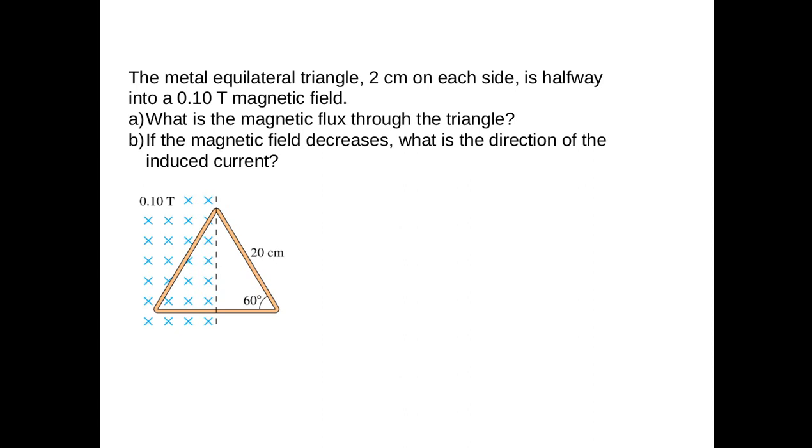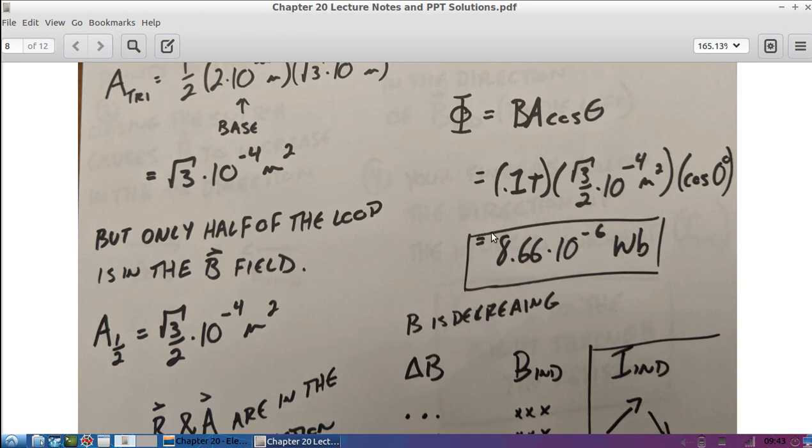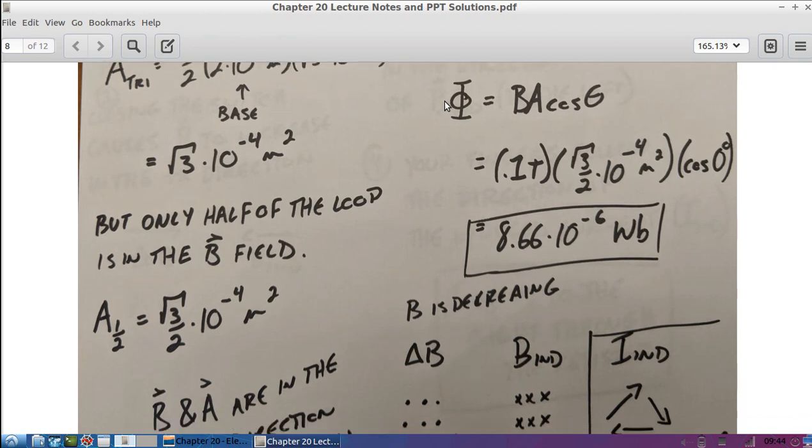You could take the whole area of the triangle minus half the area, you'd get delta A, and make up a time interval, 2 seconds, 5 seconds, something like that. You can calculate the change in flux, and then you can find the induced voltage. So if you had a time interval and you made the area in the presence of the magnetic field change, you could turn that into a full Faraday's law problem.